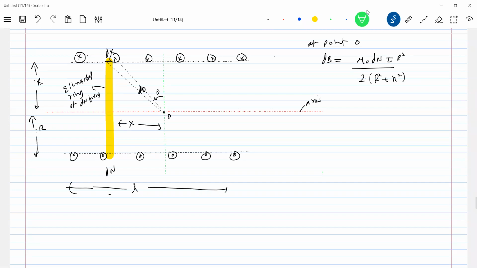So the ends will make an angle beta. This angle is alpha. Alpha and beta I'll measure with respect to this line, which is the theta equal to 0 degree line. Tan theta we can write as x by R.